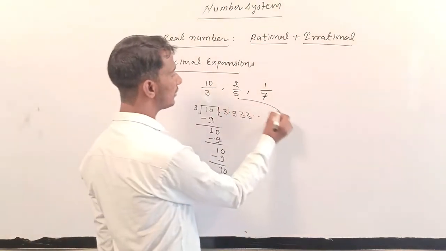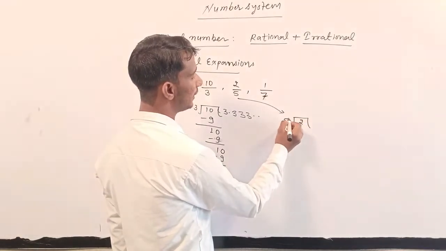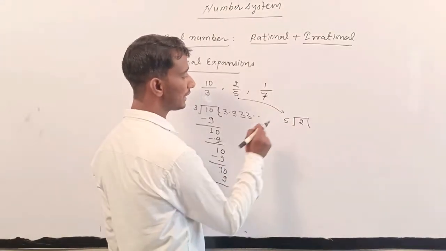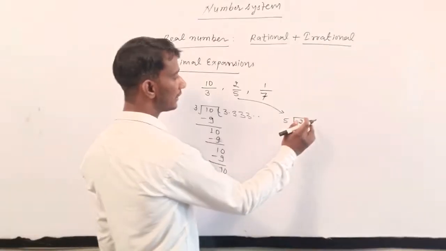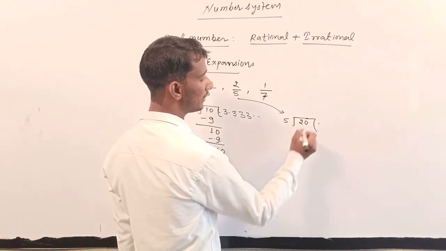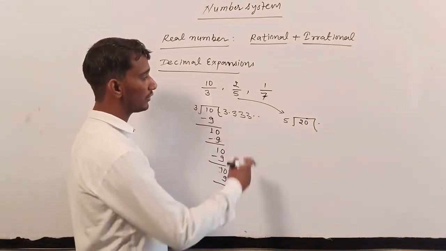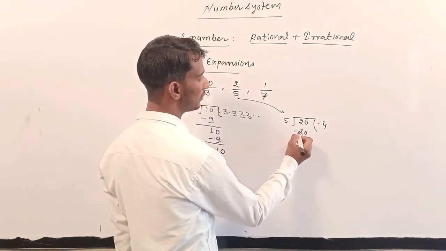Now for the second example, 2 divided by 5. 2 is not divisible by 5, so we put 0 in the quotient, mark a decimal point, and put 0 in the dividend. Now divide: 5 fours are 20, remainder 0.